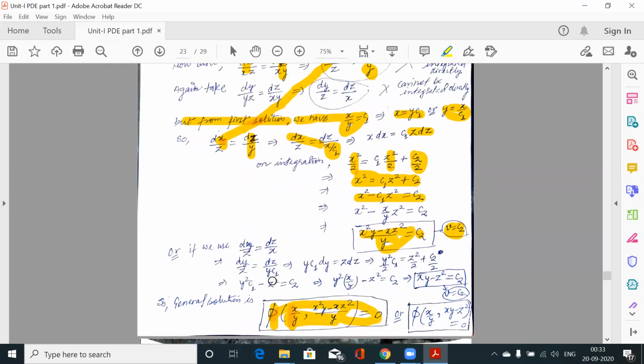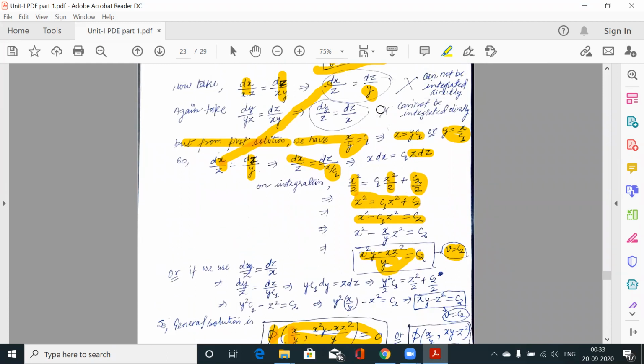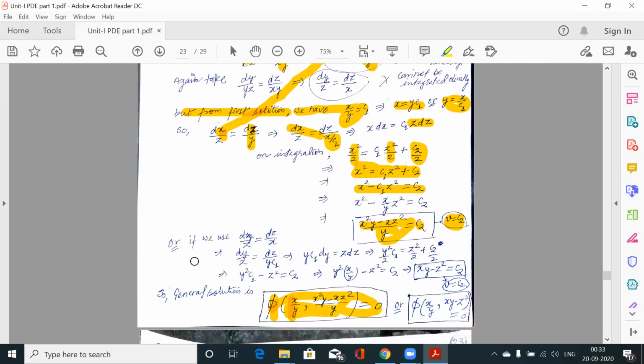Again, because I have told you that we can use any of the fractions, because here we can replace y in terms of x, and here we can replace x in terms of y. So another possibility is also there. So we have simply written that if we use other fractions, other combinations, dy over z, dz over x.